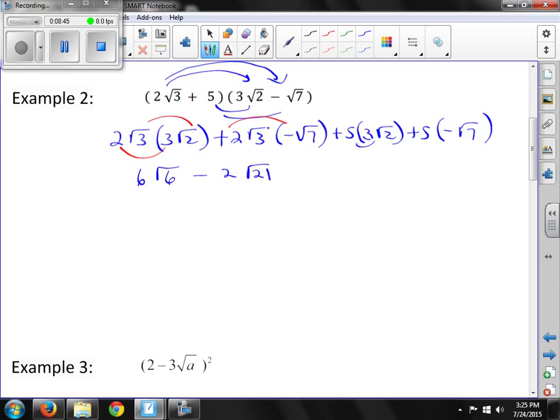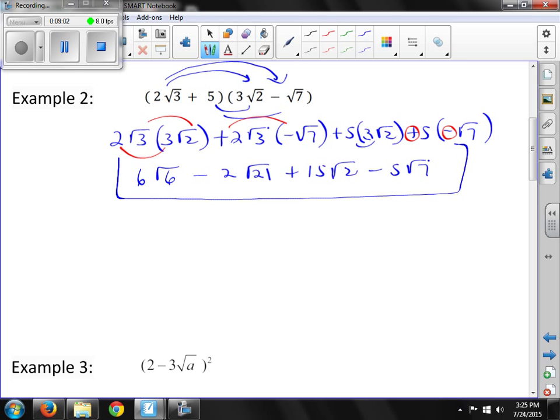And then I'll multiply those together. That will give me plus 15 square roots of 2. And the last, I have a positive times a negative, which will give me negative 5 square roots of 7. There are no like terms there. This is my final answer.